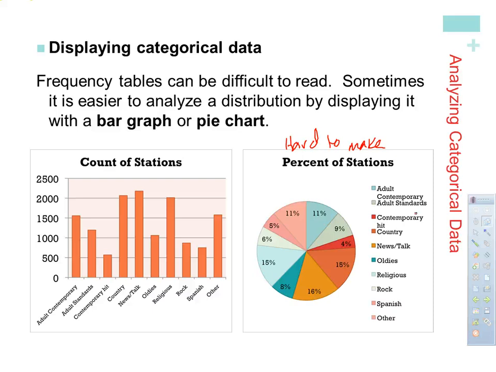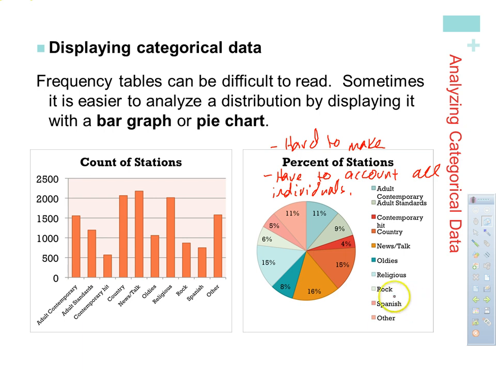Now, computer software packages can do this pretty easily for you, but they're a little bit difficult to make by hand. The other thing is you have to account for all individuals. Okay, in other words, you got to have all categories in here, right? You have to account for all your individuals.